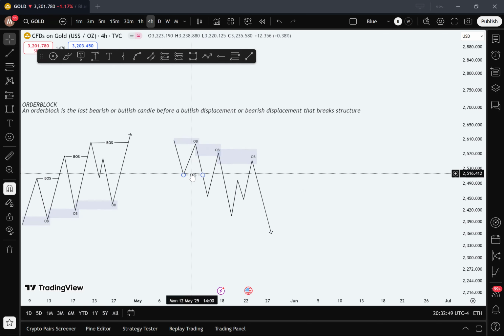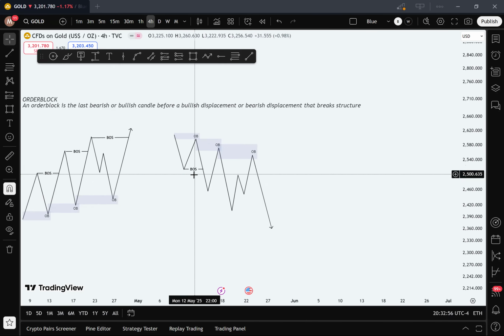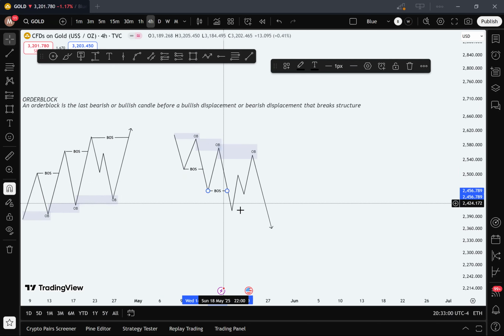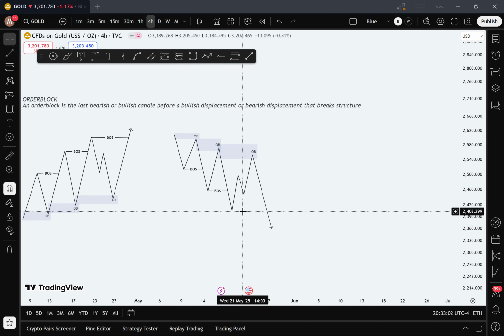And so the whole idea about order blocks is that price comes back to those order blocks to do what? To take orders that were left behind. As smart money traders, we have the idea that the big institutions control the markets.